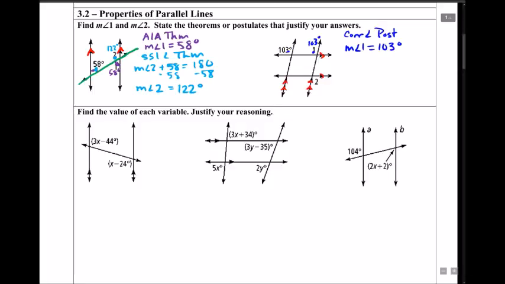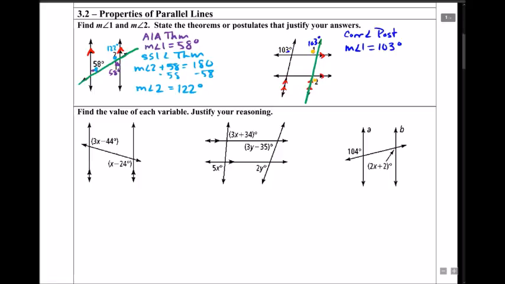So we are going to use a new transversal. That's not the color we want. Transversals are green. So we have a new transversal that goes with those parallel lines, the horizontal parallel lines, and now we can relate angle 1 and angle 2.